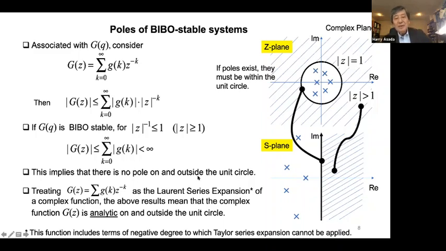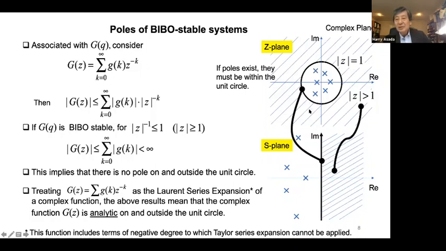Remember the definition of a pole. If you put that particular value, say z_i, into this, it shoots up, right? But this says that no, it doesn't shoot up. It doesn't diverge. That said, this transfer function does not have any poles outside of the unit circle.